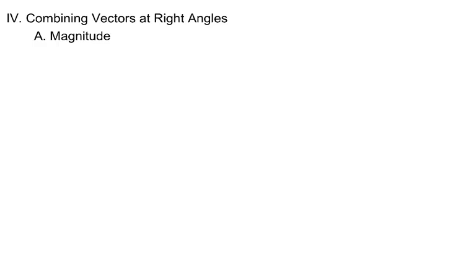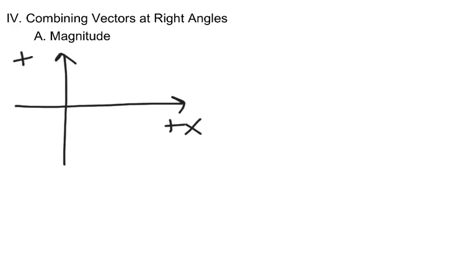So what about combining vectors at right angles? Well, first I want to talk about finding the magnitude, and then we'll talk about finding the direction. Let's start with a traditional XY coordinate axis here. So I have a plus x this way and a plus y this way. We can also call that 0 degrees along the plus x axis.